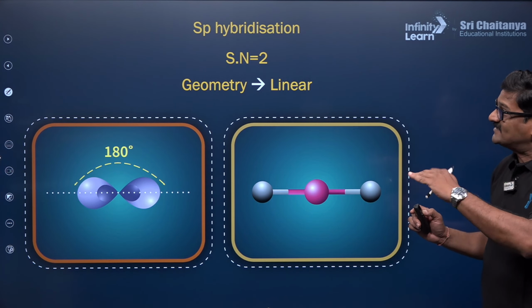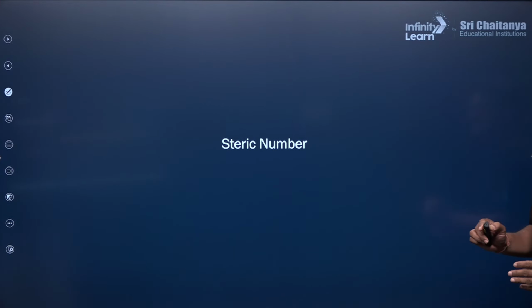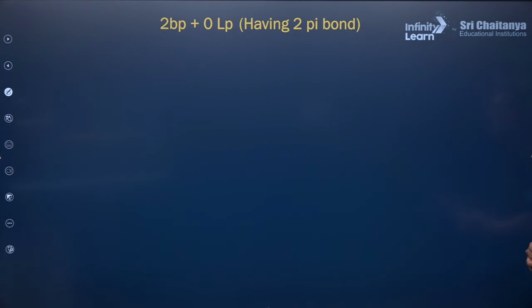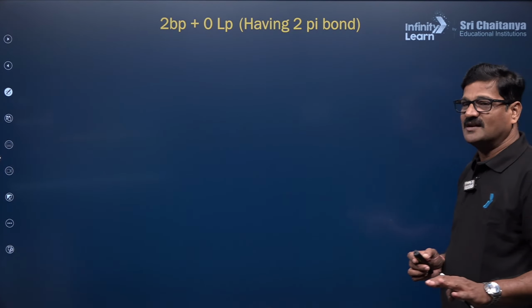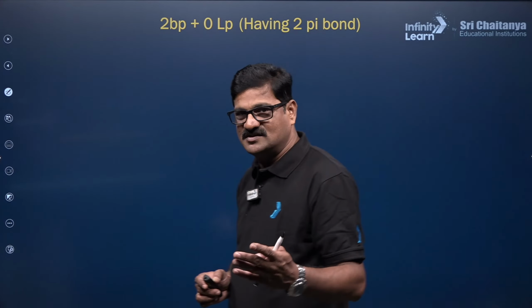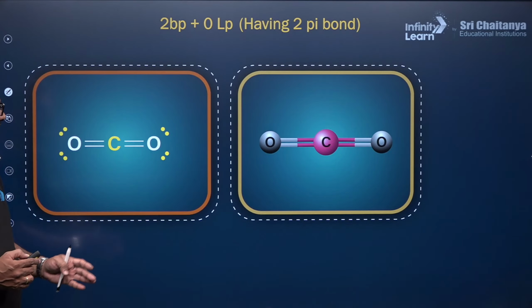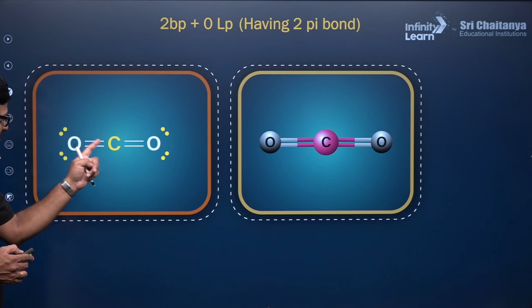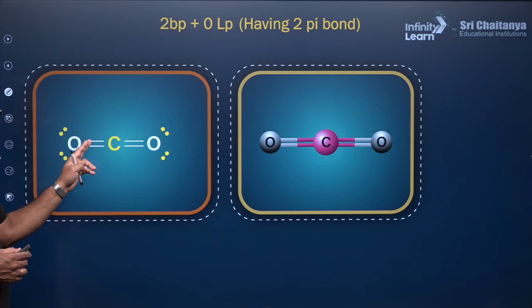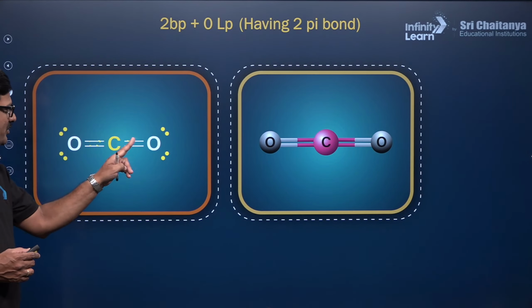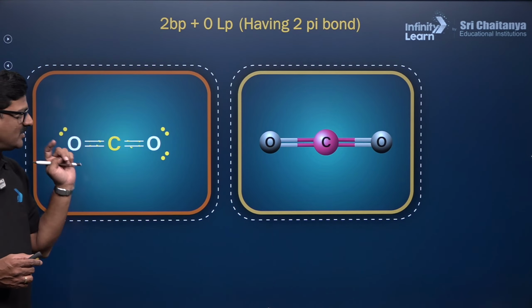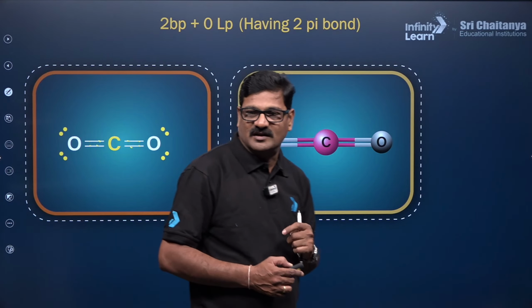Now, let us go into the steric number. It is sp hybridization, steric number is 2: 2 bond pairs and 0 lone pairs, having 2 pi bonds. If that is the case, C double bond O, C double bond O. So I can see a bond pair of electrons here, and similarly it shows a linear shape.